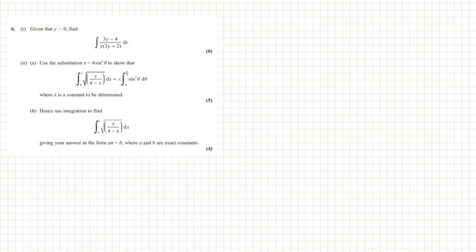Question number 6. Given that y is a positive number, find the integration of 3y minus 4 divided by y times 3y plus 2.